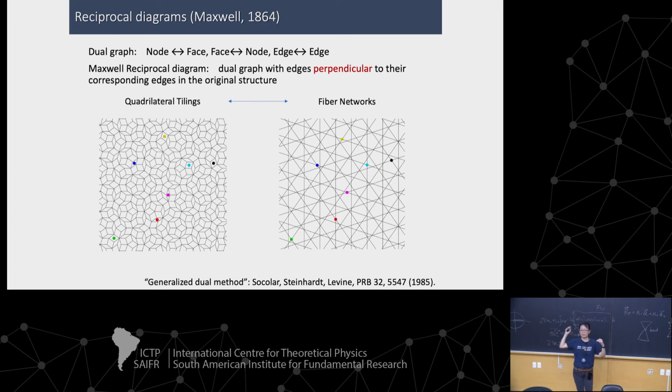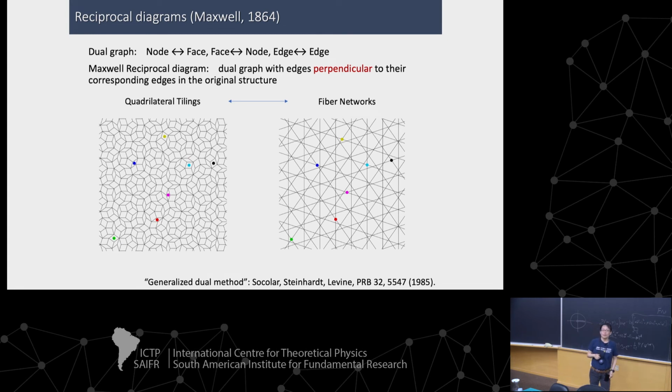It's a very nice mapping, which was used in the so-called generalized dual method, where people try to generate all kinds of quasi-crystalline patterns. You can start from a fiber network of families of parallel equally spaced lines, and then use that to generate these quasi-crystalline patterns. Any questions?